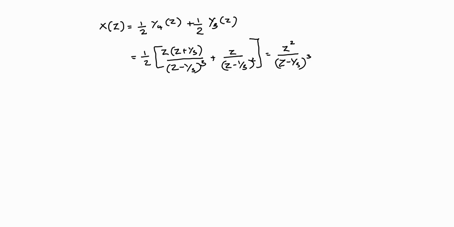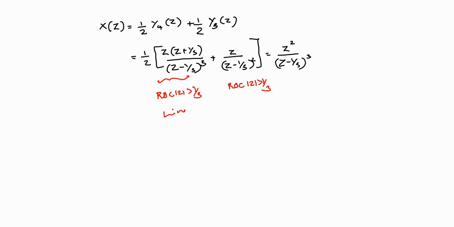After simplification I can write like this, because for this signal ROC is modulus of z greater than 1 by 3, and for this signal also modulus of z greater than 1 by 3. So that's why I can apply the linearity property.